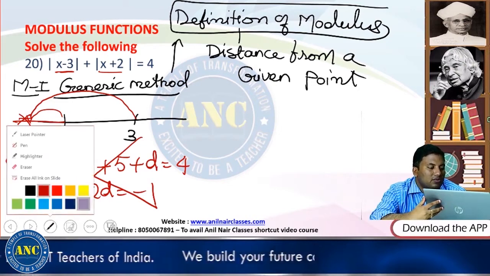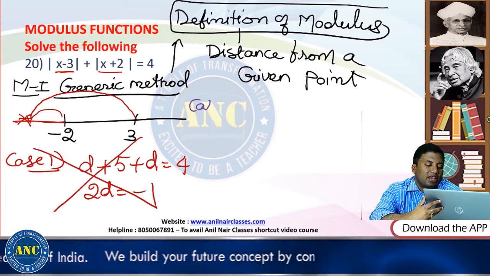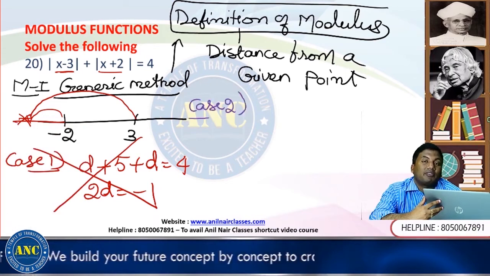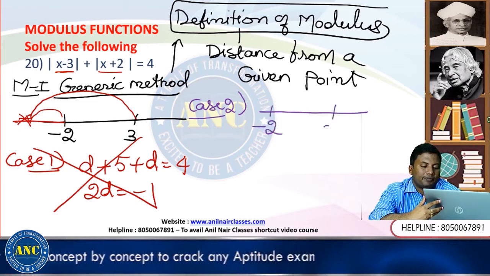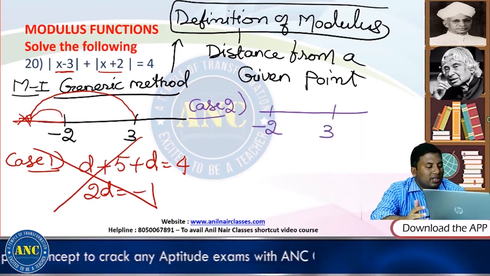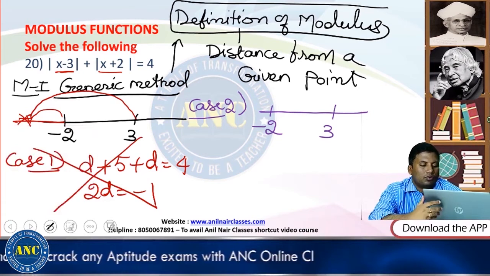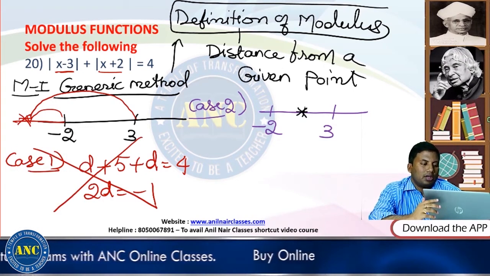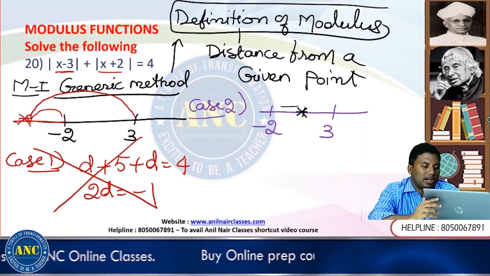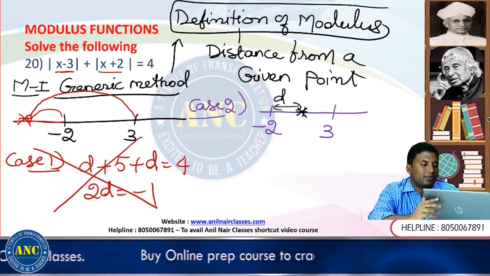What is case 1? Case 1 is if a value is there to the left of minus 2. Suppose minus 2 and 3. Suppose there is a value between minus 2 to 3. Case 2. Mod x, let this distance be d.